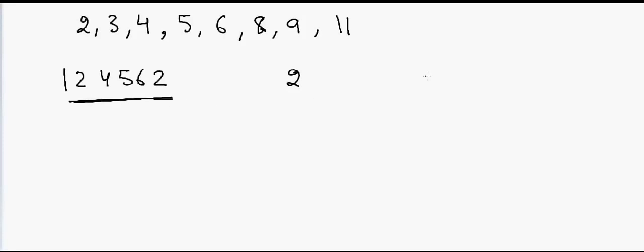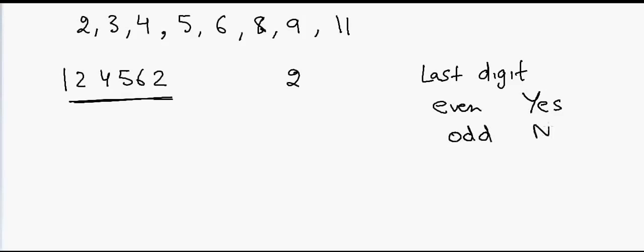We have to look at the last digit, and if it's even, then yes, and if it's odd, then no. Here we can see that the last digit is 2, so it is divisible by 2 because it's an even number at the end.